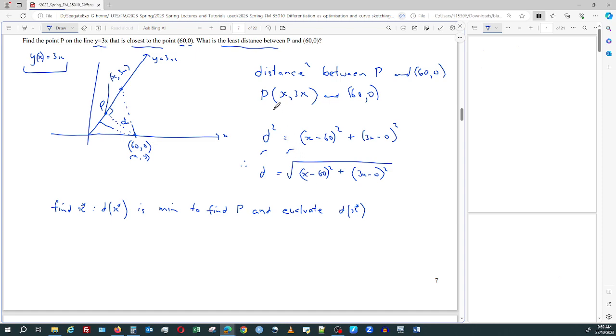So the P will be these values, right? That's what we're looking for.